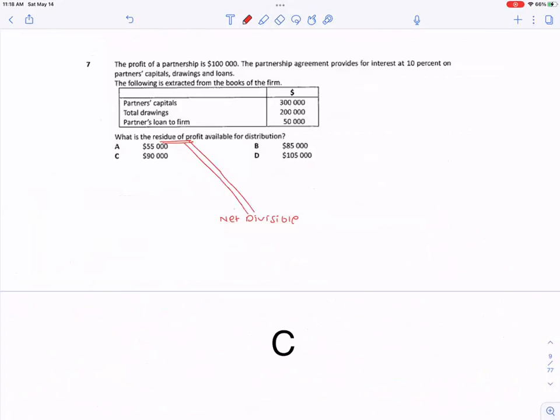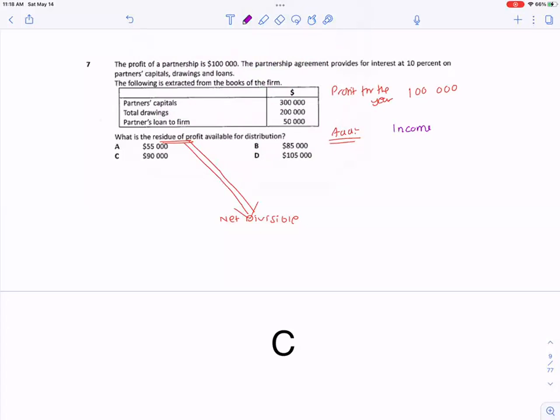What do they want you to find? Residual profit and net divisible profit. How do you start with residual profit? First we take the profit for the year.